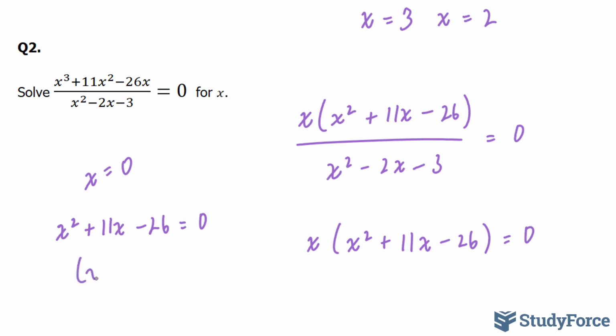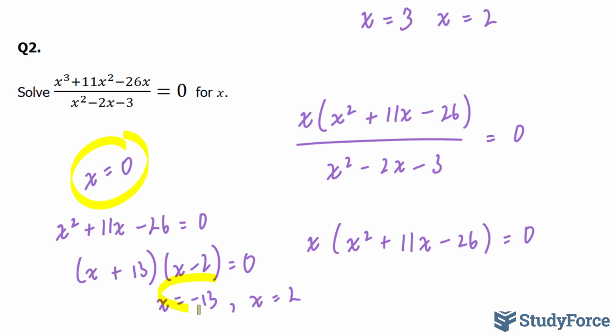So let's write that in. X plus 13, x minus 2 is equal to 0. And if we solve for x at this point, we end up with x is equal to negative 13, and x is equal to 2. So what's highlighted are the 3 solutions for this question.